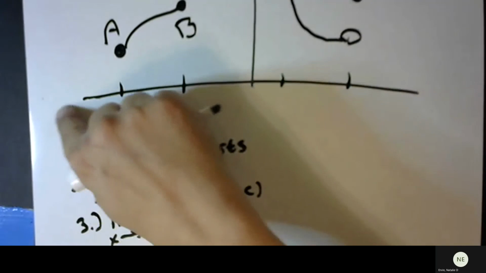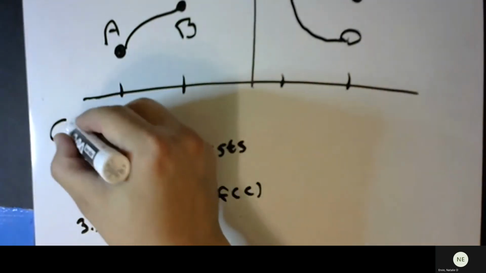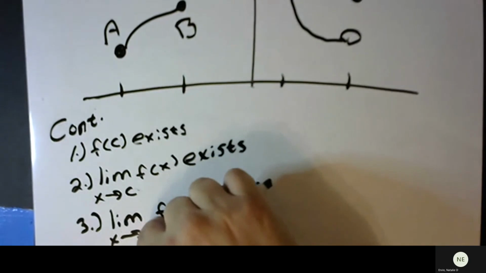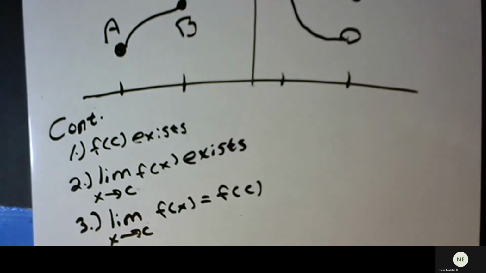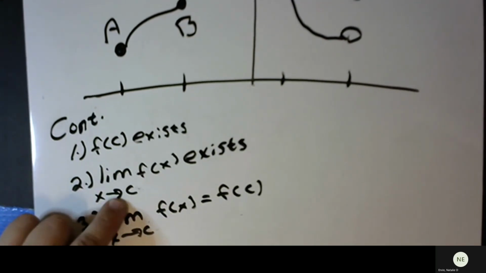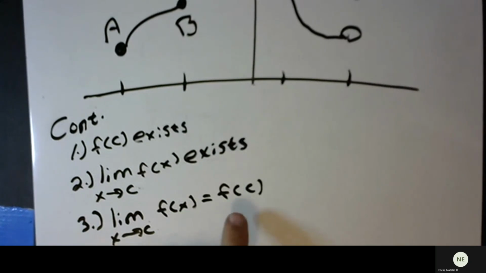Finally, when we say something is simply continuous, f of c exists, the double-sided limit exists, and the double-sided limit equals f of c.